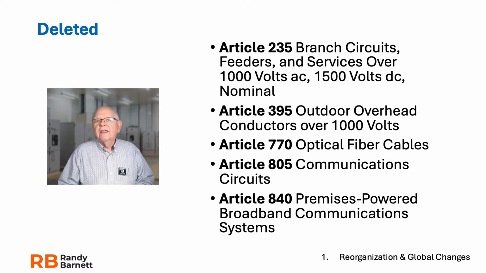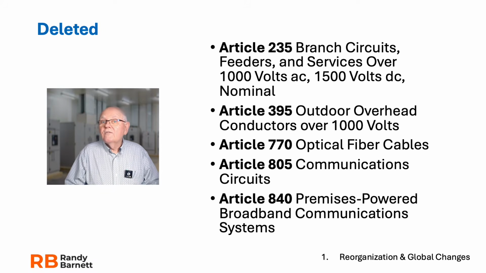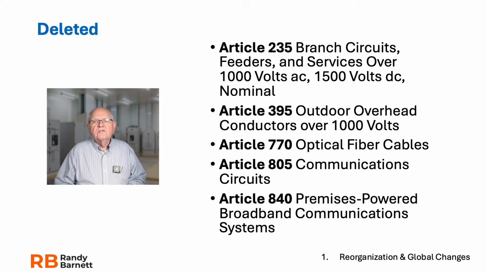Once again, information relocated. We just mentioned Article 770, optical fiber cables, has been deleted, and Article 805 on communication circuits and 840 on premises powered broadband communication systems has been deleted as well. Once again, though, information relocated in that Chapter 7 on limited energy systems.